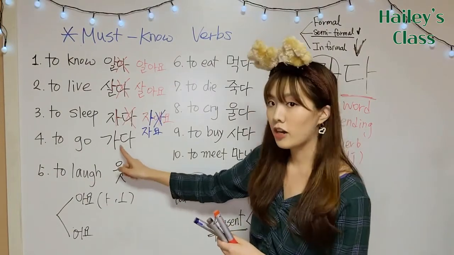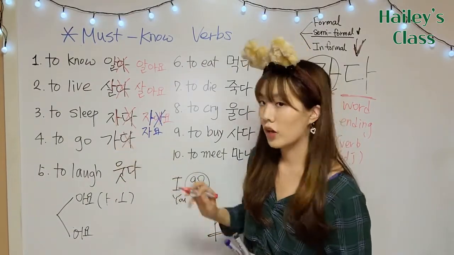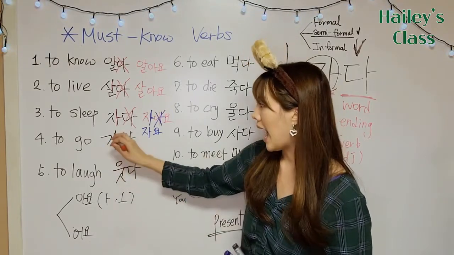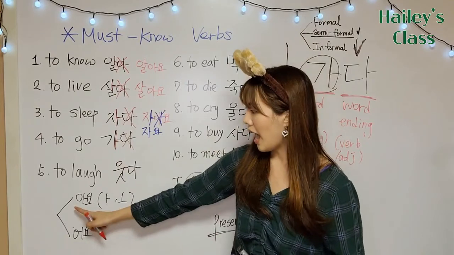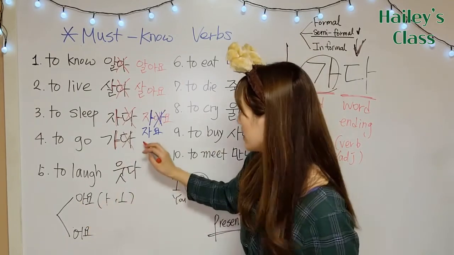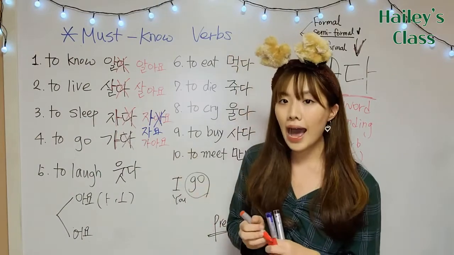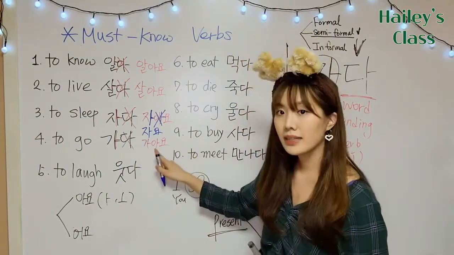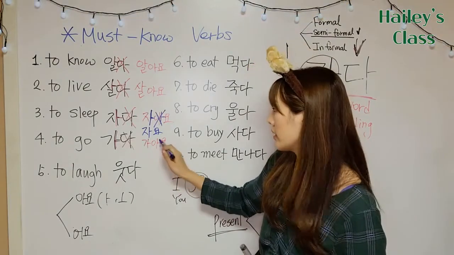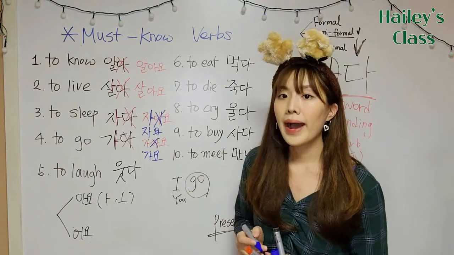Let's see here one more time. 가다. We have to delete 다 first, right? And it ends with 아. So we have to pick 아요, right? So it is 가아요. But here there is the same 아, so we delete one 아. So it has to be 가요.